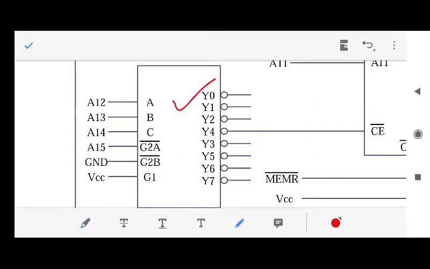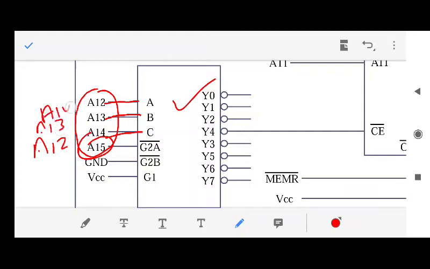The remaining 4 address lines, which are A12 to A15, are connected to the input pins of the decoder, but the input pins of the decoder are 3 only. So the 3 address lines are connected to input pins. You can write it as A12, A13, A14 and A15 also.